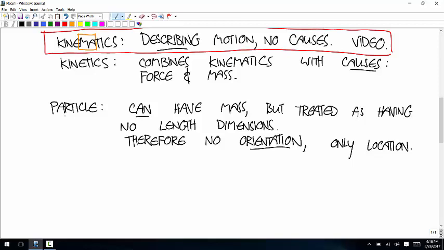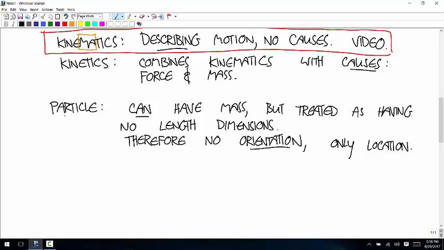It's just a matter of what information you want to get out of the thing. So, for example, when people are doing calculations about planetary motion, they usually treat the planets as particles.